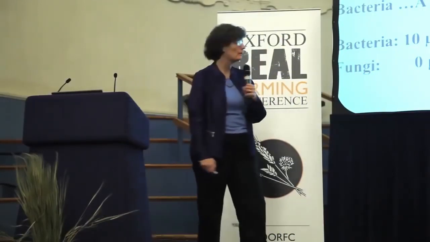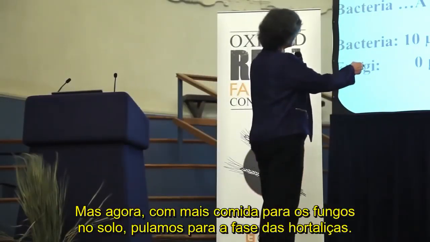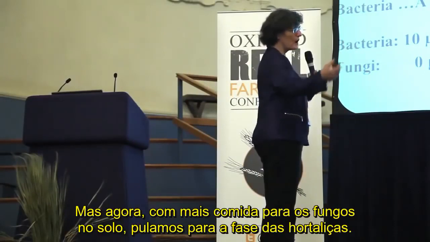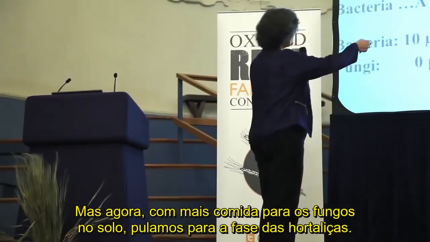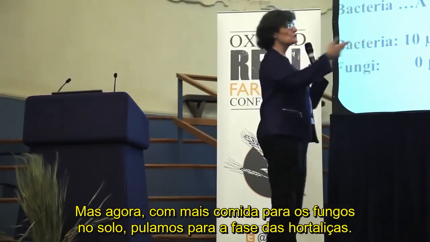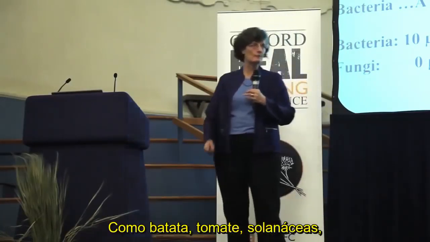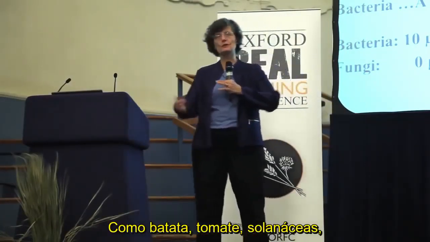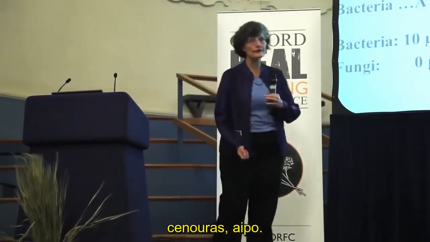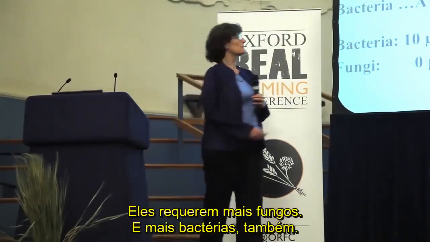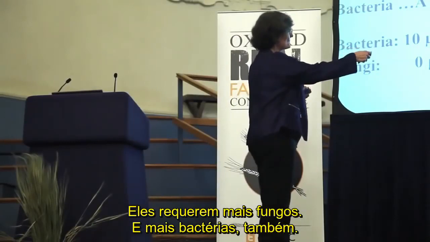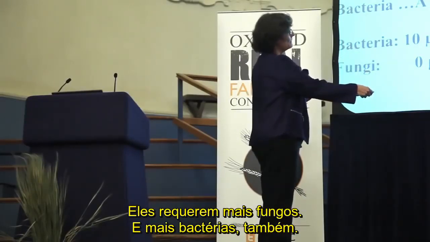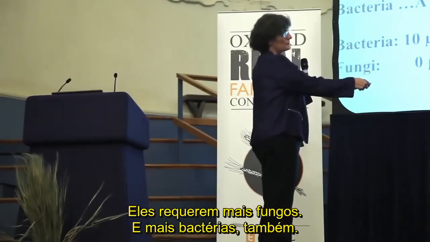But now Mother Nature, more food, more fungal foods coming into the soil. So as we move into the vegetable, and now we're growing potatoes and tomatoes, the Solanaceae, we're growing carrots, we're growing celery. Some of those vegetables, they require more fungi. Yeah, more bacteria too.